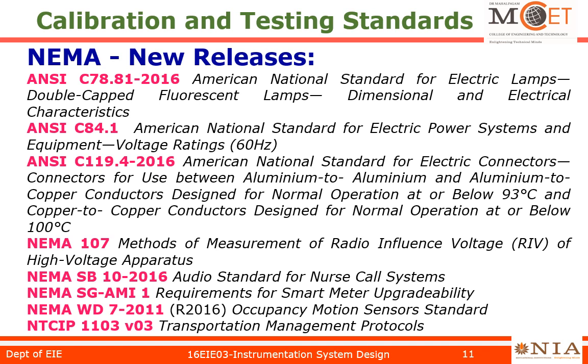The next new release is ANSI C84.1. That is about electric power systems and equipment, with a voltage rating at 60 Hz. And ANSI C119.4, that is also developed in 2016.